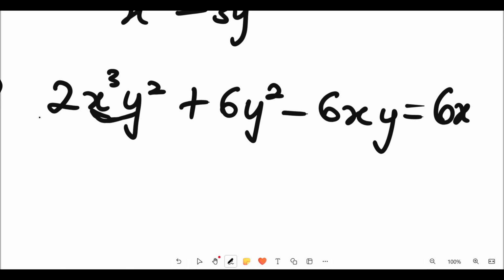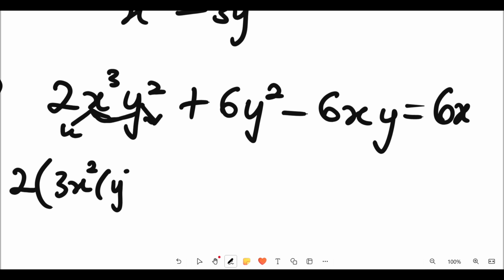So looking at this, we need to apply the product rule. We bring our 2 out. You name this to be your u, and this to be your v. You differentiate your u, x cubed, and get 3x squared, and you maintain your v, which is y squared.